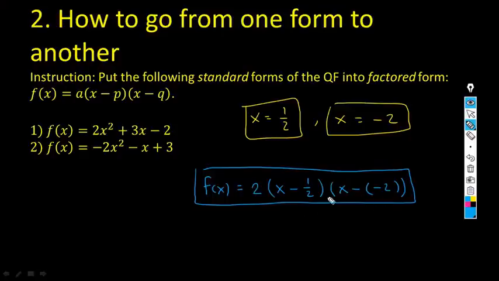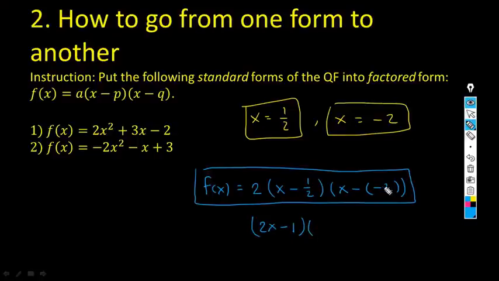Okay, look at this function, and try to understand why all of this is perfectly matching the factor form. Can you see it? It matches perfectly. Now if you want to confirm, you can multiply all of these. I'm going to do it very quickly. 2 times this binomial, I'm going to get 2x minus 1, because 2 times 1/2 is 1.